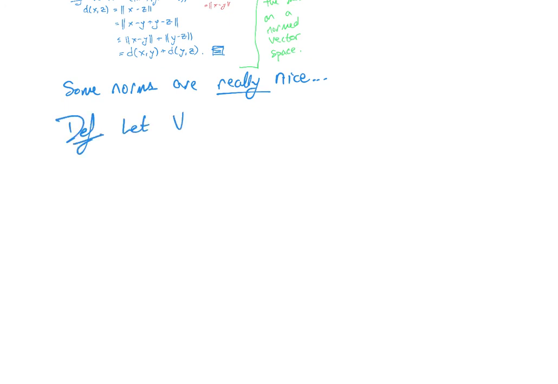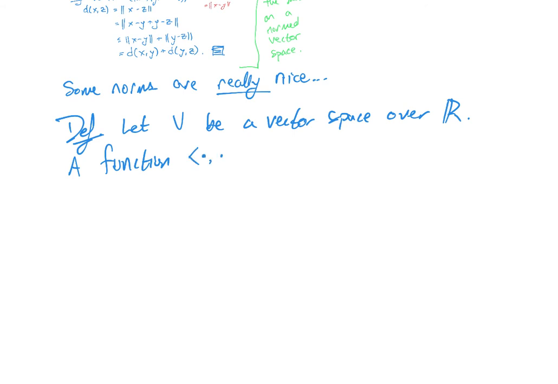So let's let V be a vector space over R. So that, again, means our scalars are real numbers. Now we get to use our dot notation for functions yet again. An inner product takes two vectors and returns a real number. And it's denoted by angle brackets.